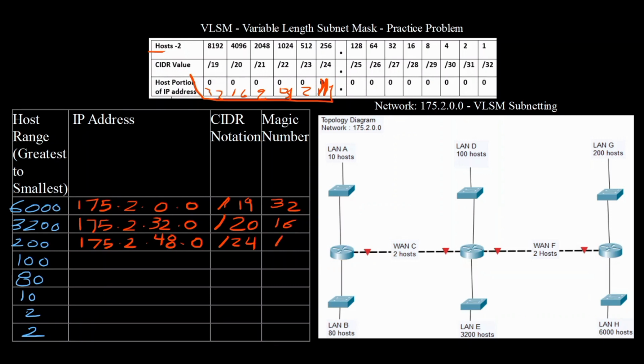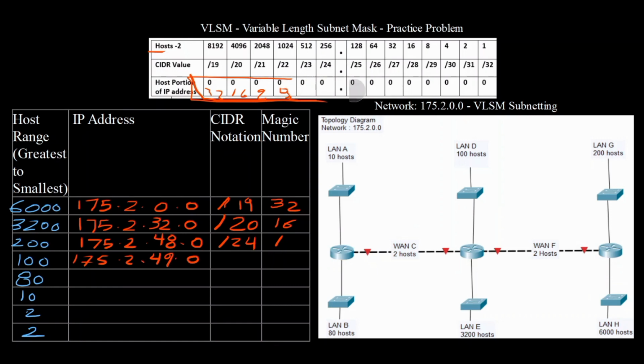That's the magic number. So 175.2, then we're going to add the 1 again in the third, because we're still in the third octet. Don't forget that. We're going to add it to the 48, so it's going to be 49.0.